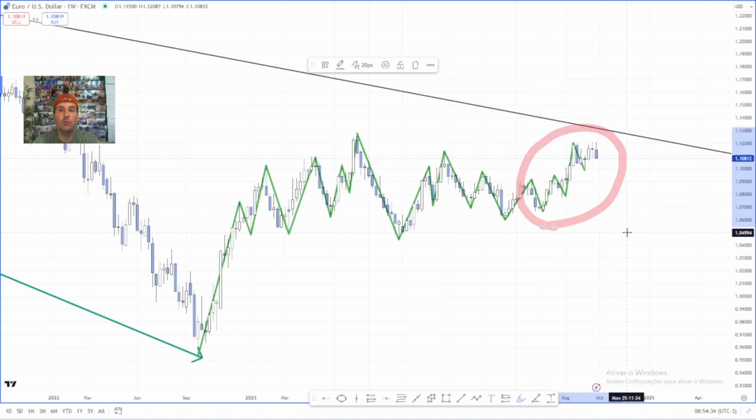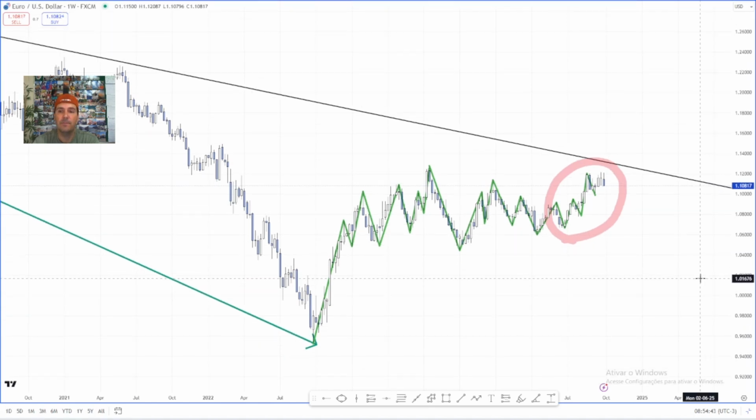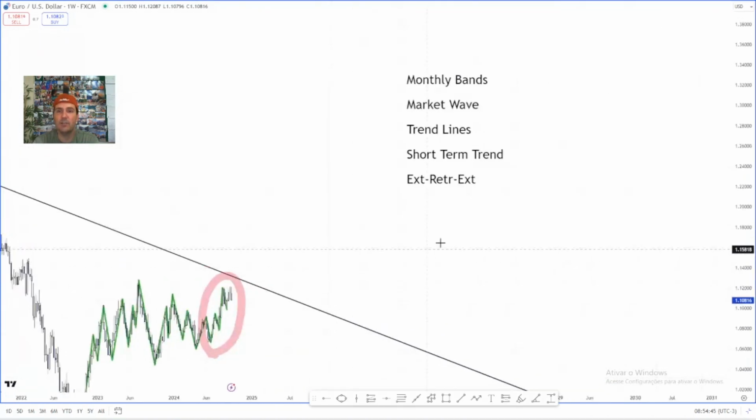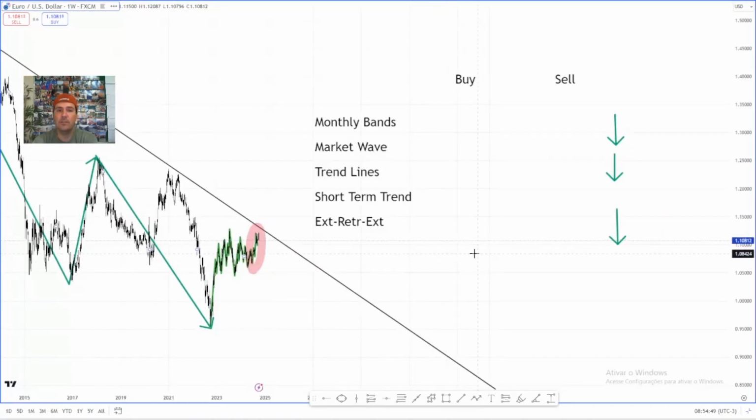What is the market doing short-term? Higher highs, higher lows, exactly. So the short-term trend is a buy.